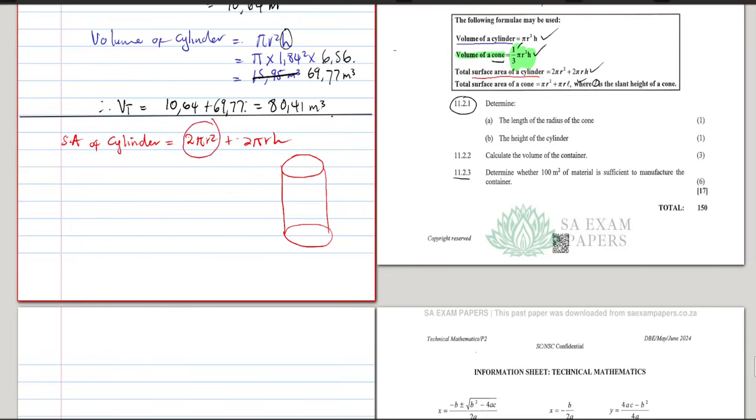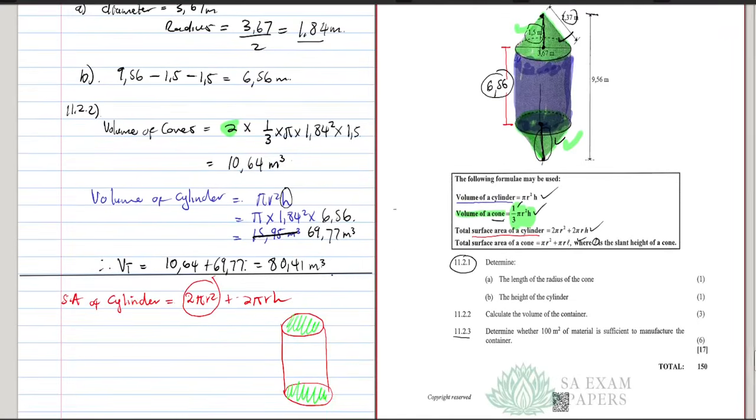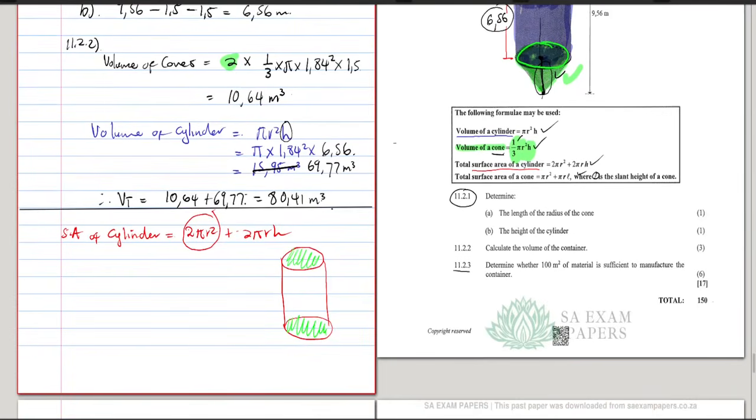This 2 pi r squared actually represents the area of the top part and the bottom part, right? Going back to this shape, the bottom part and the top part of the cylinder are not outside, they are inside the shape.